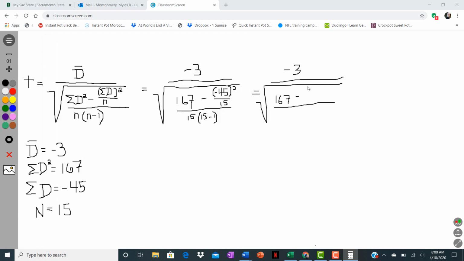So we'll go like this, 2025. Now we're going to divide that by 15, ultimately. But for now, we'll just go ahead and set up the equation so it looks right. Now at the bottom here, 15, this is of course the denominator for this fraction. 15 times 15 minus 1, that's just going to be of course 15 times 14. Whoops, 14.